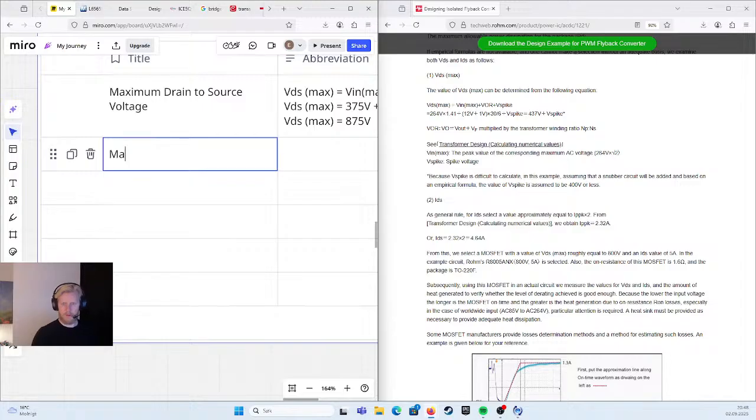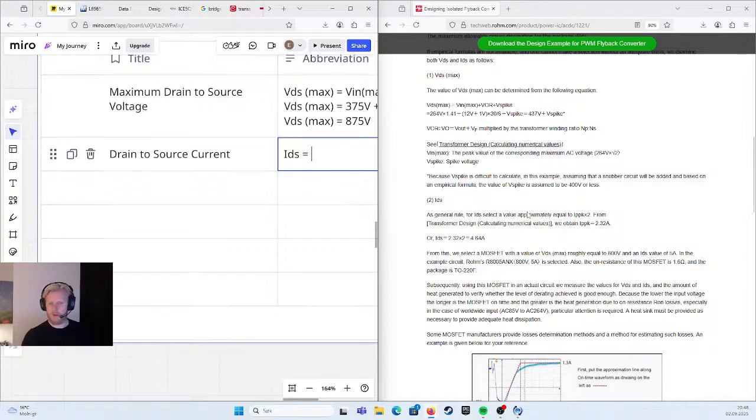So, drain to source current IDS is equal to 2 times the primary peak current. IDS is equal to, I think it was 1.23 times 2 then.